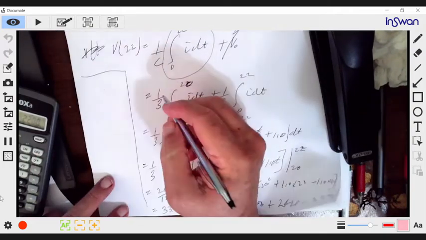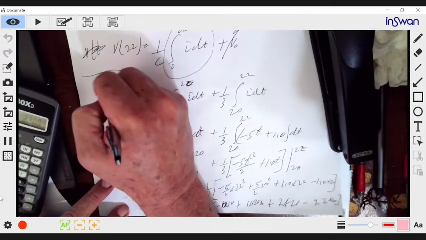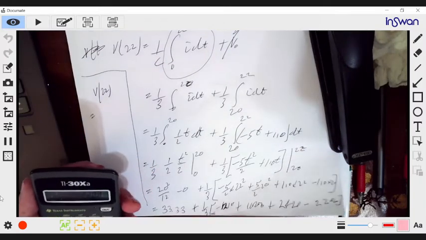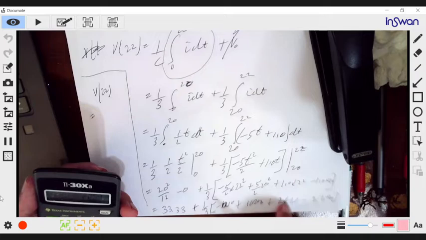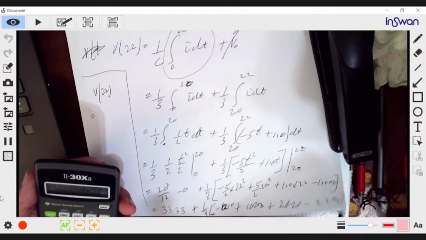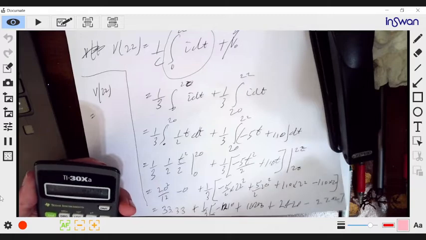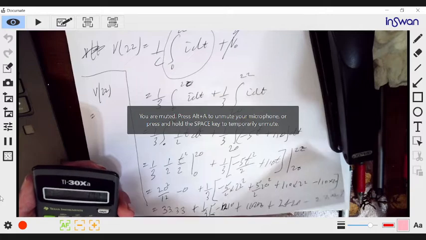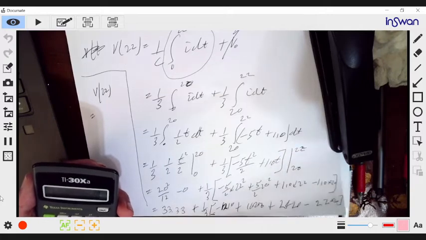So all that becomes V of 22 equals, the second half becomes 2250 minus 2420, plus 1,000, minus 1210.